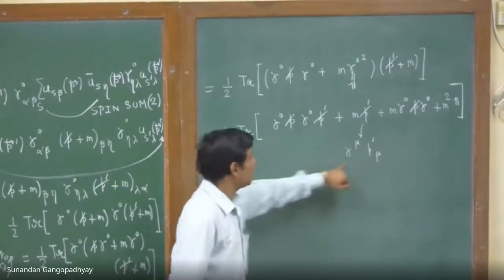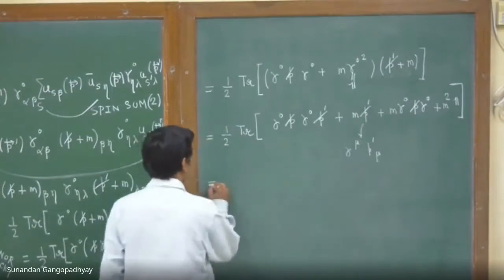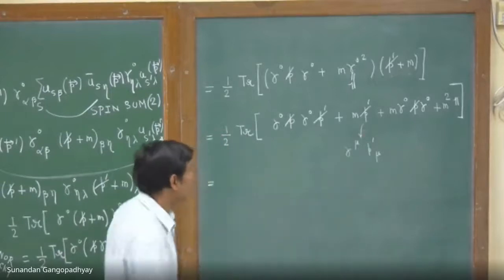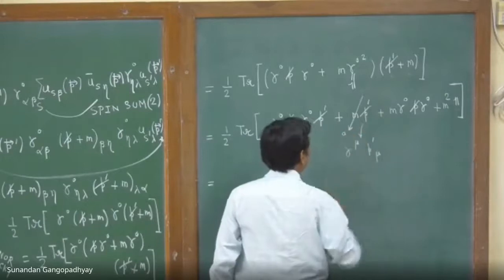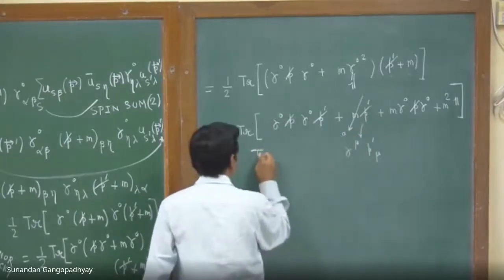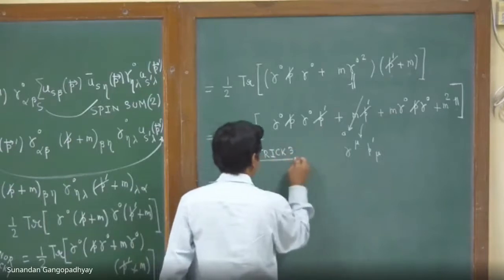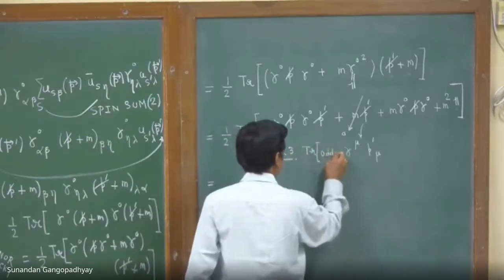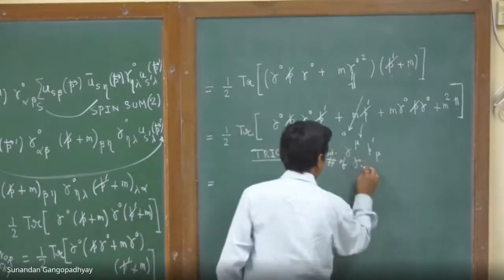So this is the trace of this gamma mu. Now we have to use the third trick, which is that the trace of an odd number of gamma matrices is 0. So this term is 0. This is trick 3, which is the trace of an odd number of gamma matrices.